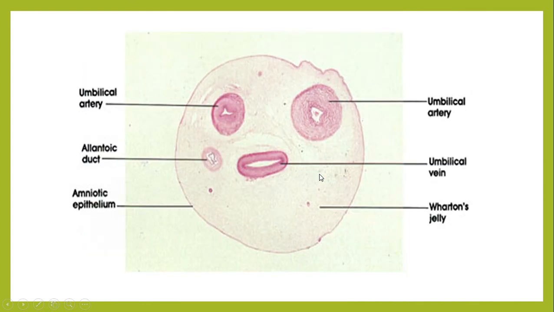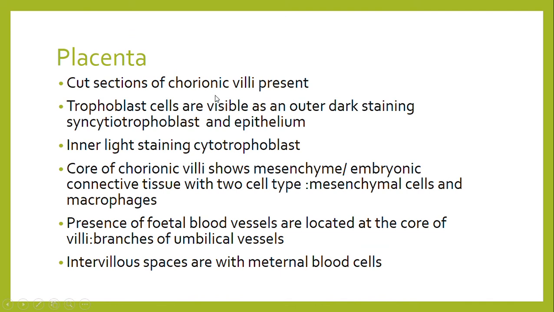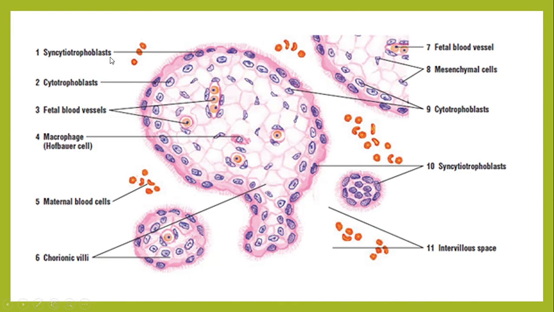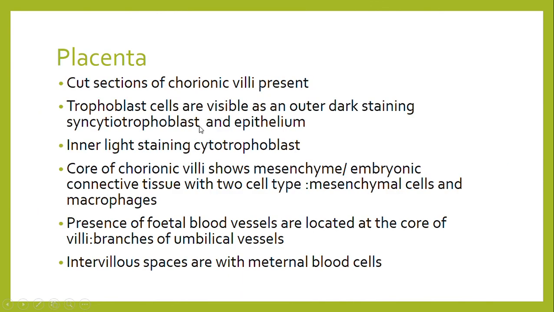Okay, placental features: the cut sections of chorionic villi are present, as we have seen. The trophoblast cells are visible as an outer dark staining syncytial trophoblast and an inner light staining cytotrophoblast.